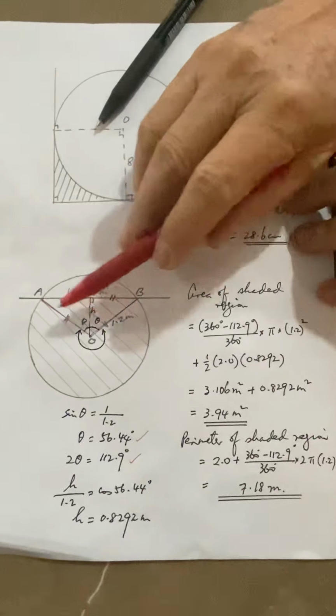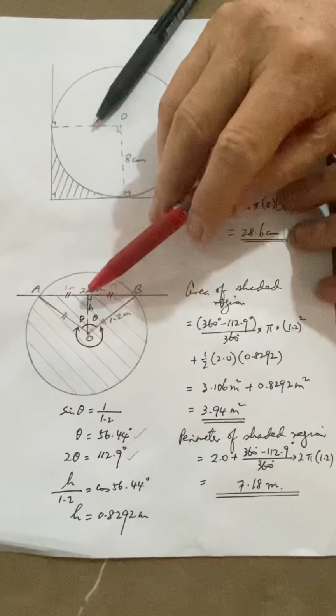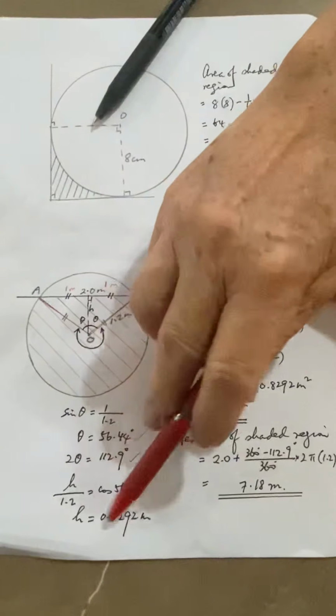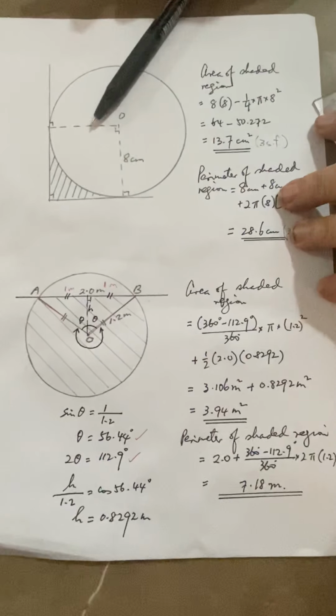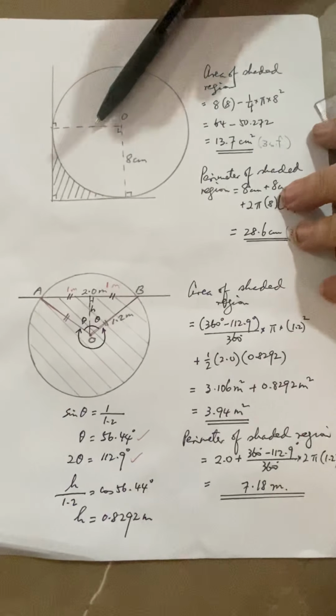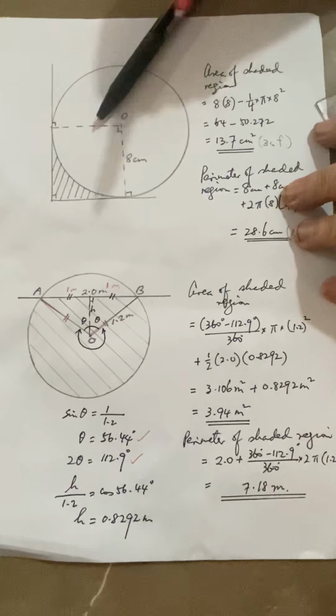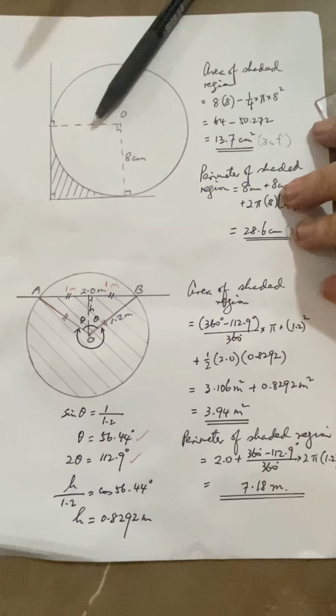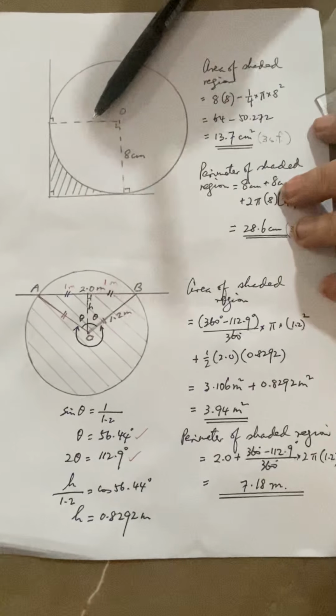So using SOHCAHTOA, adjacent over hypotenuse, I can get the height H, because I do not want to use the formula half ab sine C. I rather use half base times height.